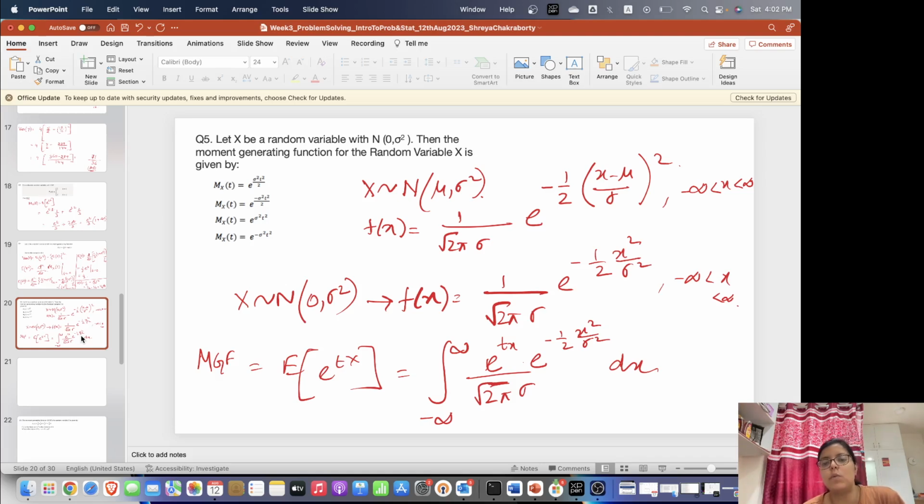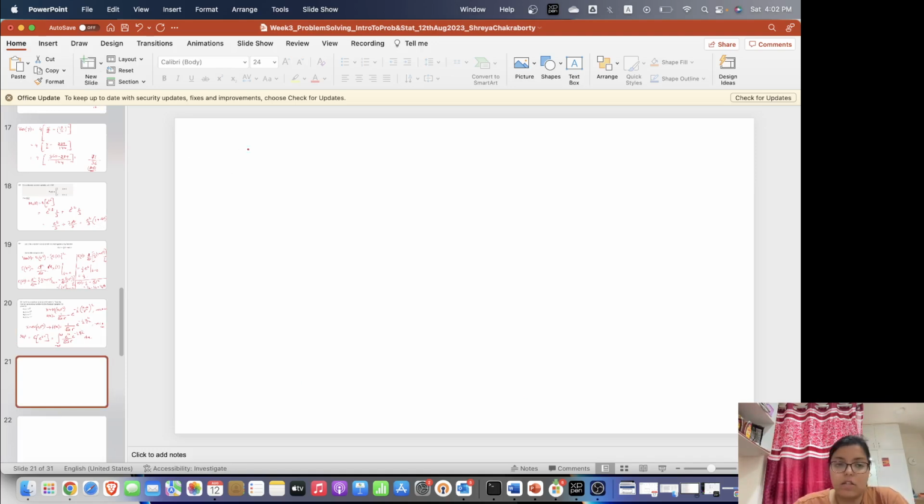So first thing is we have to club these two together. I'll write it on a fresh page. MGF is expectation of e to the power tX. That we are writing as integral from minus infinity to infinity of e to the power tx by root 2 pi sigma into e to the power minus half x square by sigma square dx.